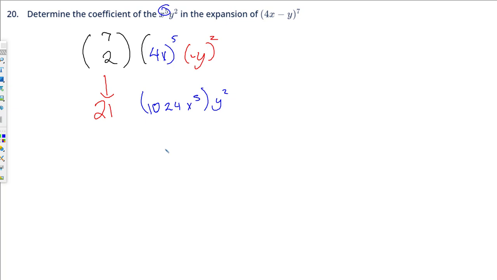And then we're going to multiply those two together. And what do you come up with?